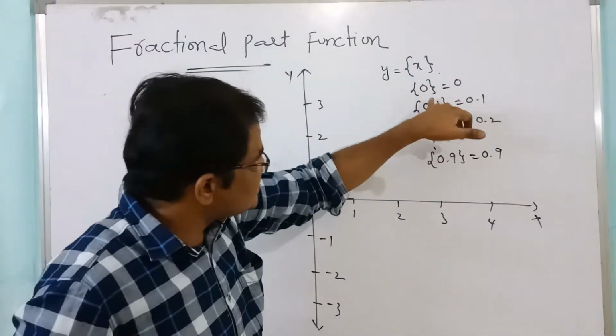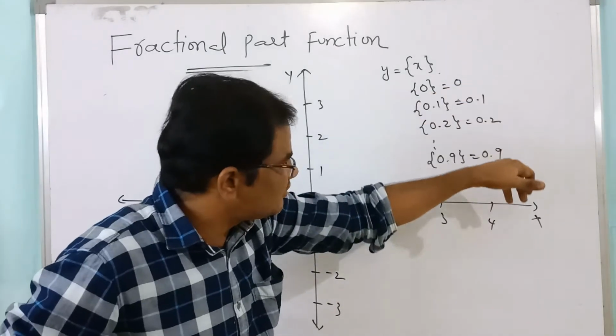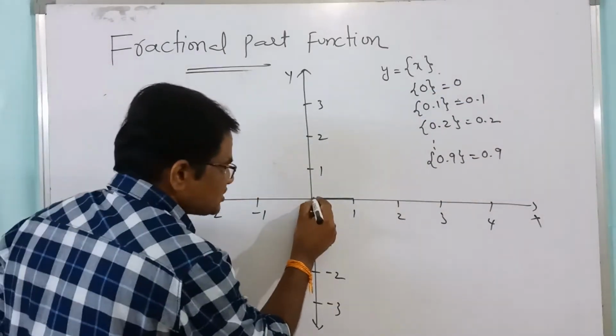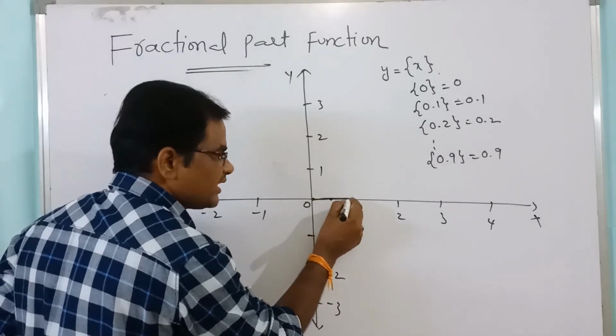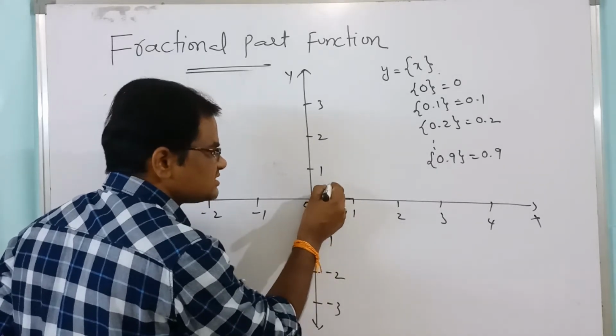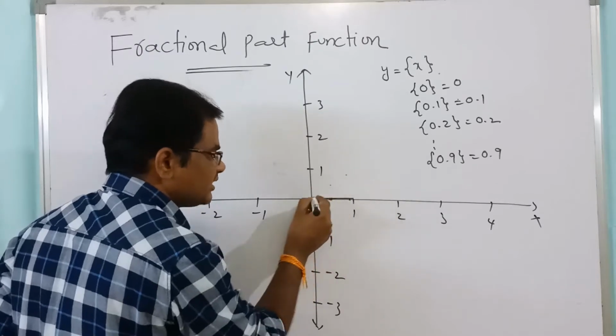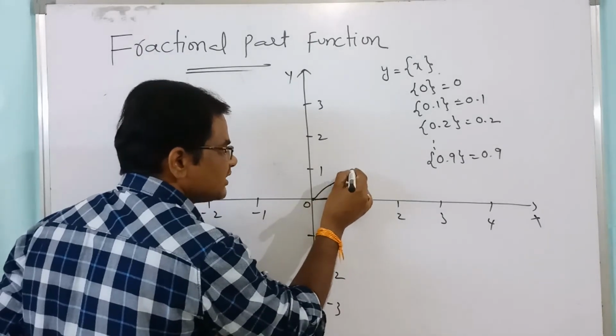It means if these are the x values, these are the y values: fractional part of 0 is 0, 0.5 is 0.5, 0.9 is 0.9. Means you will get points like this.